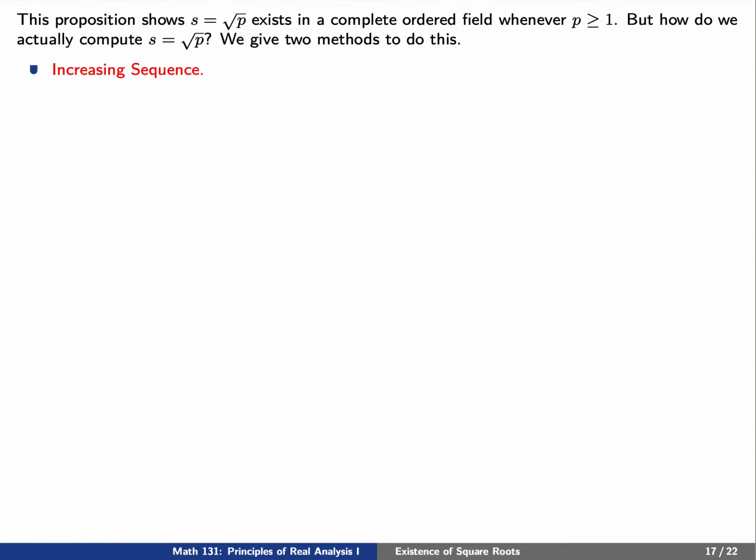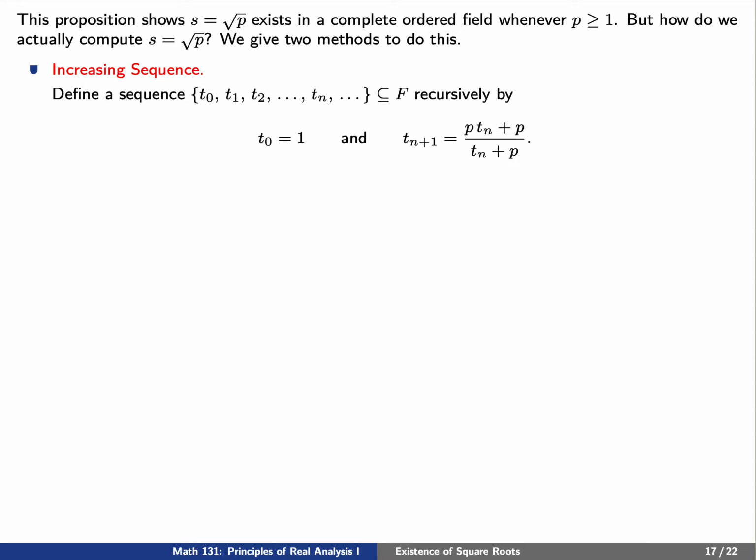First, let's define the idea of an increasing sequence. We'll define a sequence t sub 0, t sub 1, and so forth recursively as follows. Let's start with t sub 0 equals 1, and let's define t sub n plus 1 as p times t sub n plus p divided by t sub n plus p.